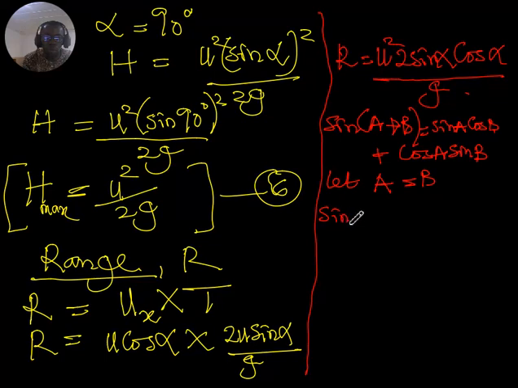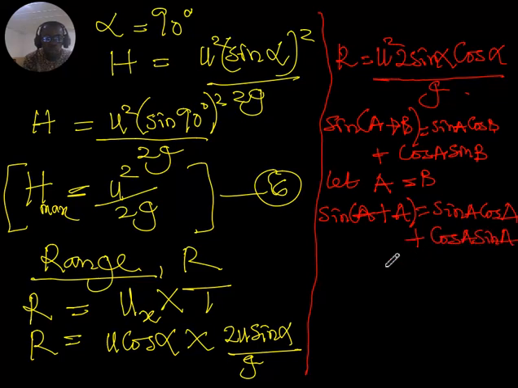So I have sine a plus a, instead of b, equals sine a cos a plus cos a, again sine a. Now this gives sine 2a, right? Yes, equals sine a cos a plus cos a sine a. That will give me 2 sine a cos a.